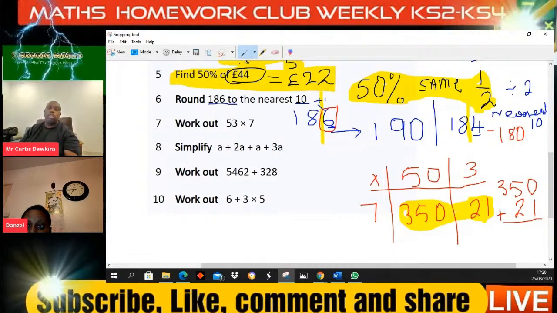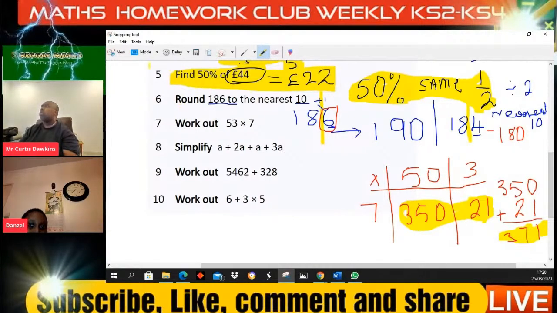So what we're going to do here, you're going to add together 0 plus 1. 1, yes. 5 plus 2. 7. And then 3 plus nothing is just 3. So your answer is 371. Well done. Okay, 371.